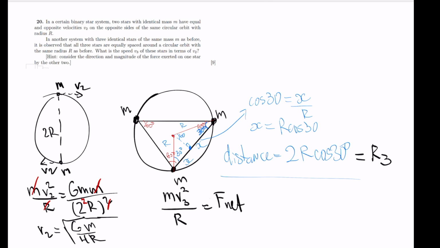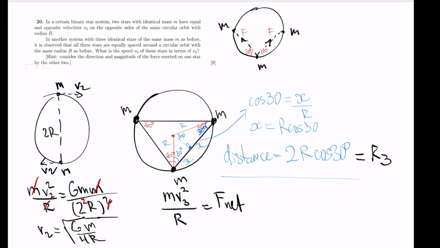Now here's where it gets a tiny bit more complicated. Well, imagine that this mass is here. What forces is it going to experience? Well, it's going to be attracted by this mass across here. So this means that there will be a force F acting here, F acting along here. All these angles here, by the way, are 60 degrees.